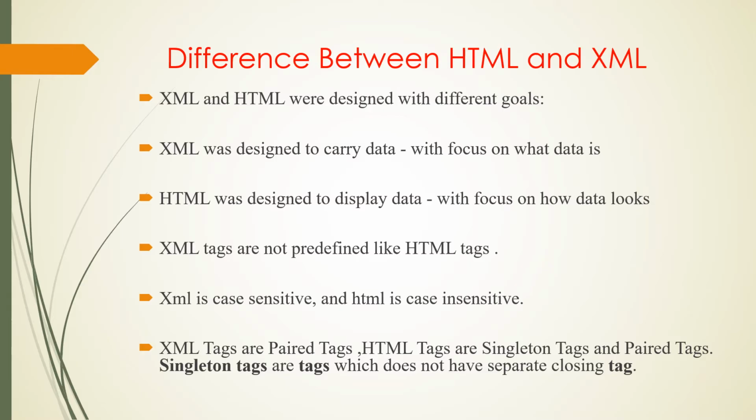XML tags are user-defined tags. HTML tags are predefined tags. XML is case sensitive and HTML is case insensitive. XML tags are paired tags, but HTML tags are singleton tags and paired tags. Singleton tags are tags which do not have a separate closing tag.